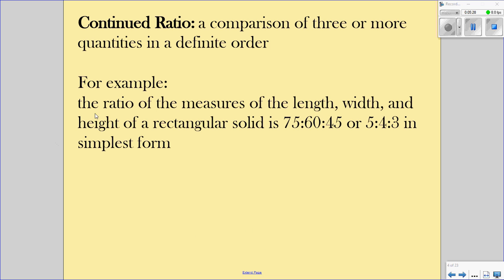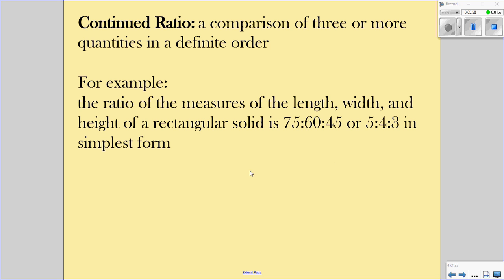For example, the ratio of the measures of the length, width, and height of a rectangular solid is 75 to 60 to 45, or 5 to 4 to 3 in the simplest form. If you were to reduce this, it would give you the simplest form of this continued ratio.